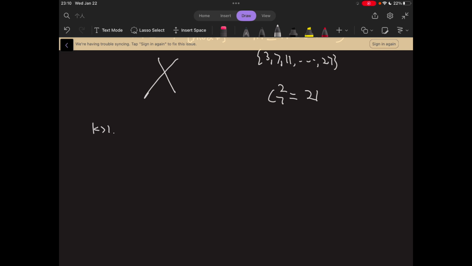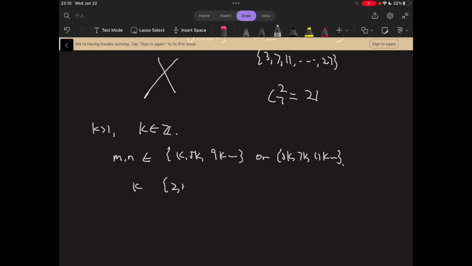Finally, if k is more than 1, note that k has to be an integer. That means m and n belong to the set, or, you do a little bit of bashing and you get this.